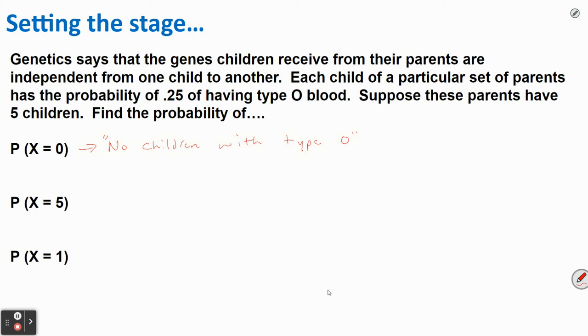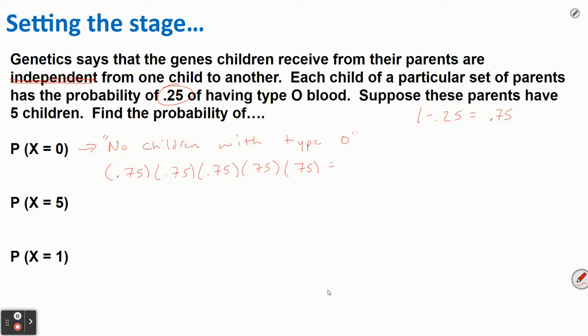Now, just doing a quick complement, if it's 25% to have type O blood, if we do 1 minus 0.25, then it's 0.75 of not having it. Now, if each of these children are independent of each other, right? Independence being key. We know from chapter 4 that we can multiply, so we can go 0.75 times 0.75 times 0.75 times 0.75 times 0.75.